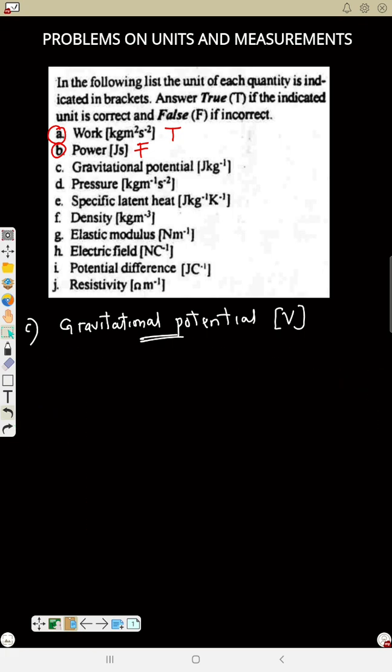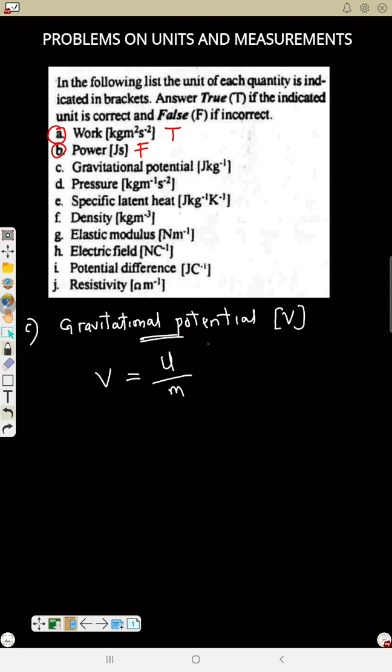In addition, the gravitational potential is defined as the amount of work. So gravitational potential, which we represent as V, is defined as the amount of work required to get a body of unit mass from infinity to the point where potential must be calculated, meaning it is the energy divided by mass.